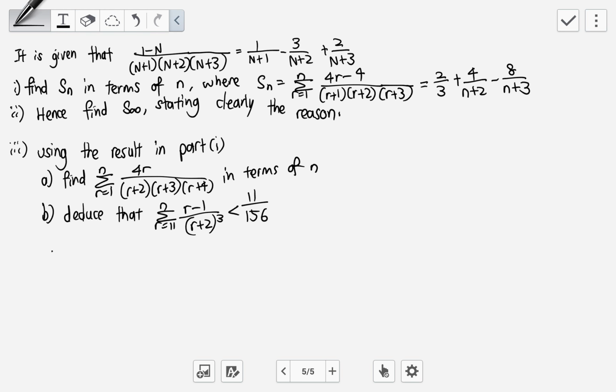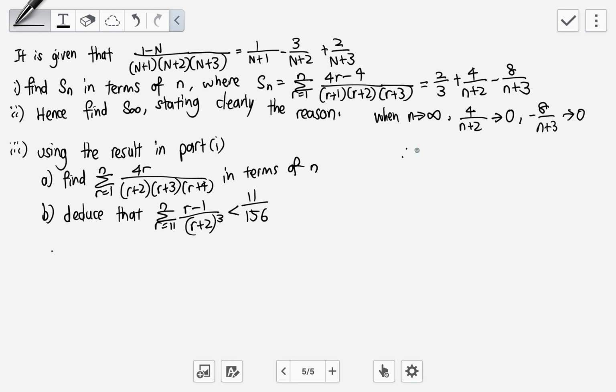This second part is easy. When it says hence find s infinity, when n approaches infinity, this n is replaced with infinity. When n approaches infinity, 4 over m plus 2 approaches 0, and 8 over m plus 3 approaches 0.